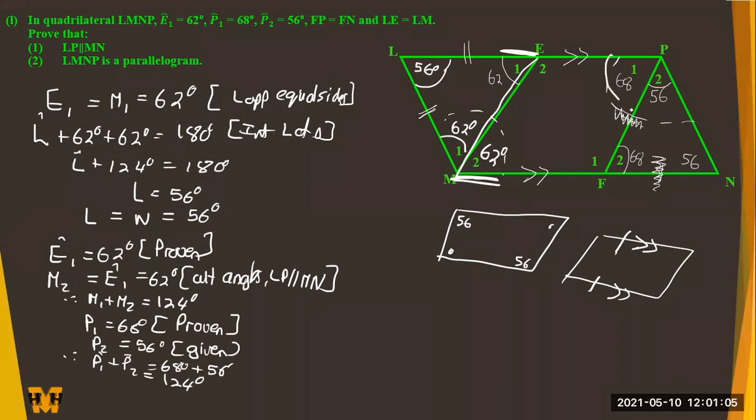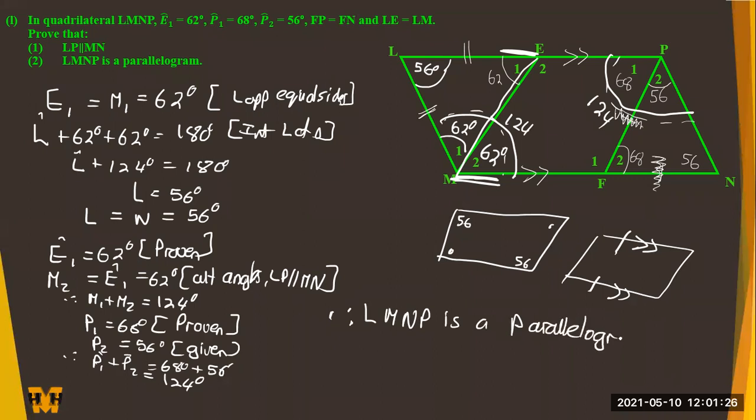Voila. So that one and this one is 124 degrees. So we're done. So then we can say, therefore, LMNP is a parallelogram, and my reason, two pairs of opposite angles are equal.